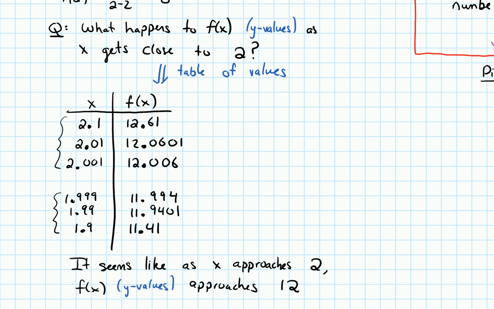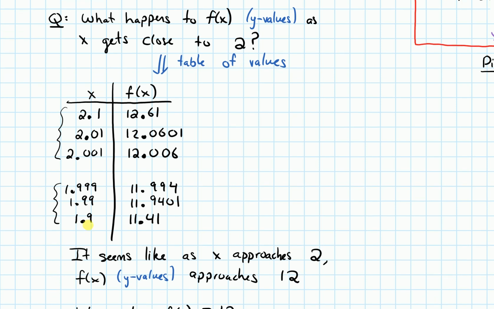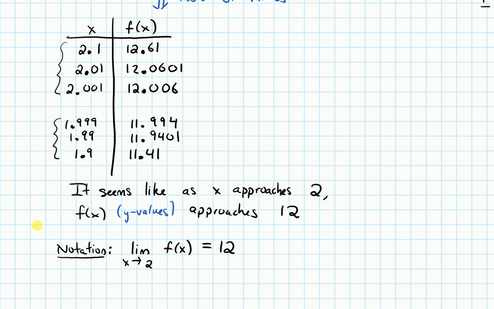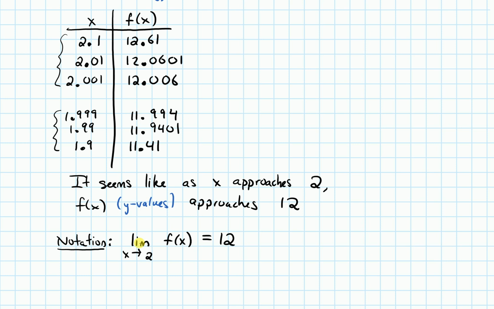So we have a notation to express this concept of, as x gets really close to a number, what do the y values get close to? The notation is the following. I have this lim. Underneath that, I have x and an arrow pointing to 2. f of x written here, and then equals 12.